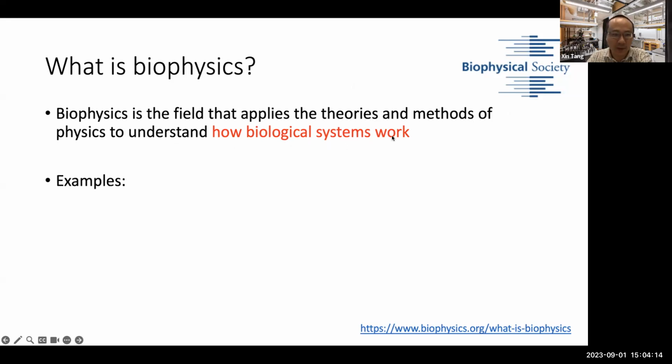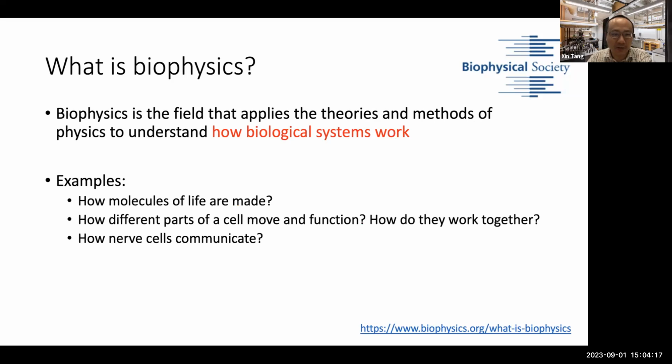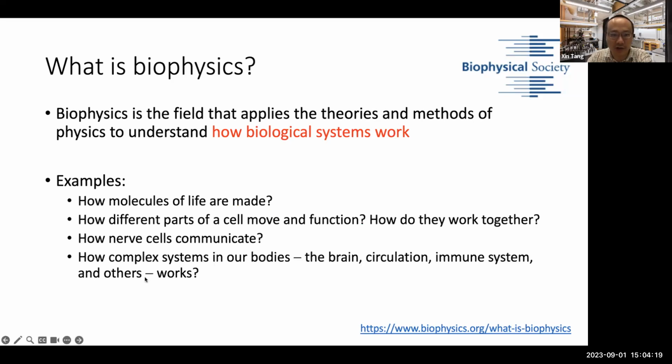Okay, and then we gave examples of what kinds of biological system questions people are interested in. Here are just some examples, but there are many more questions. People use physics theory and physics methods to study them. We also learned that biophysics is a field of quantitative science, so all the descriptions are quantitative, not just qualitative.